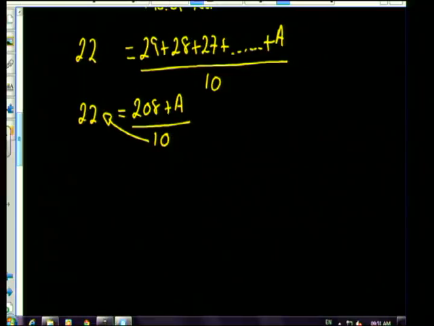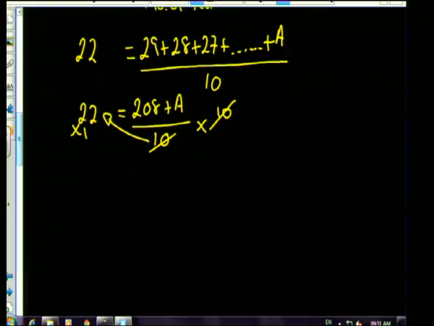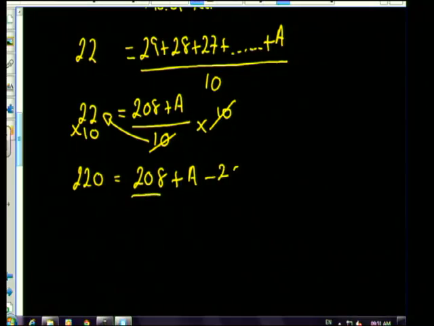If I multiply this side by 10, then my 10s disappear. And remember, what I do on one side of the equal sign, I've got to do on the other. So I'm going to multiply that 22 by 10. So I'm going to land up with 220 is equal to 208 plus A. How do I get rid of this 208? Minus 208. Then it disappears. What I do to one side, I do to the other.